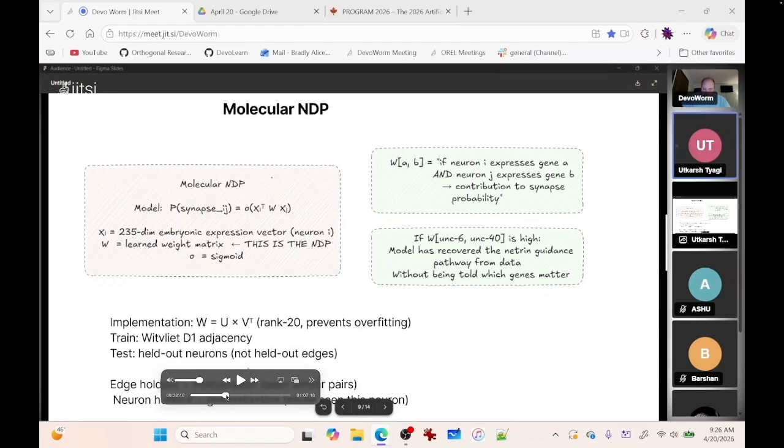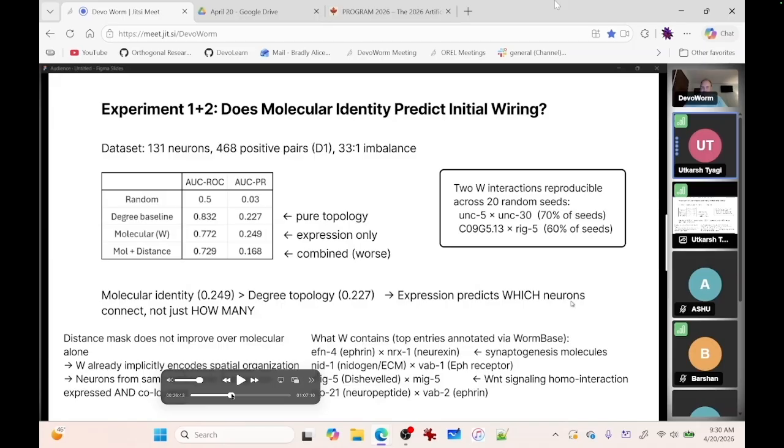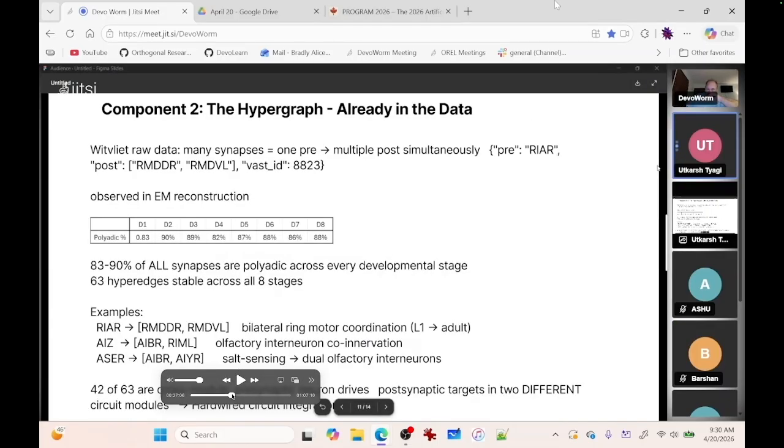And then he's using this molecular NDP model, which is where he's transforming those data into something that's amenable to machine learning. And then this molecular model, of course, can predict things like wiring patterns, and explore this hypergraph, which is already in the data.